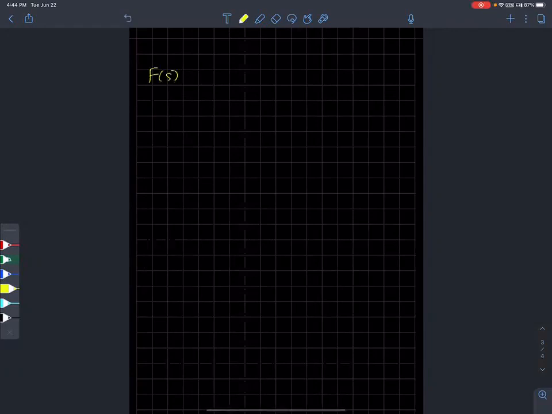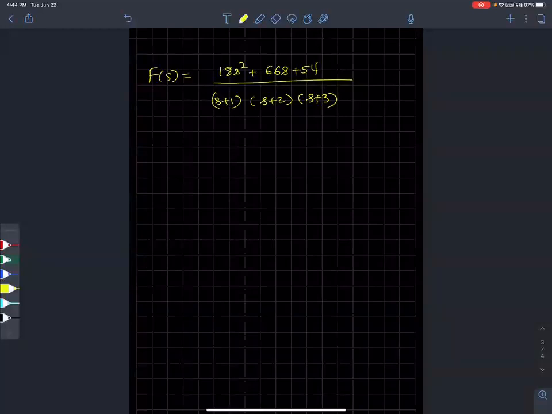F of s equals 18s squared plus 66s plus 54 over s plus 1 into s plus 2 into s plus 3. Now the exam question reads, find the partial fraction expansion of this.